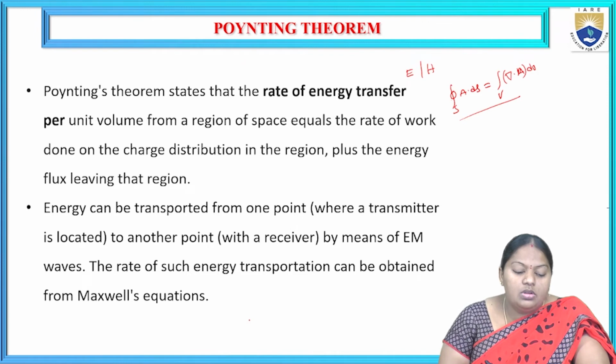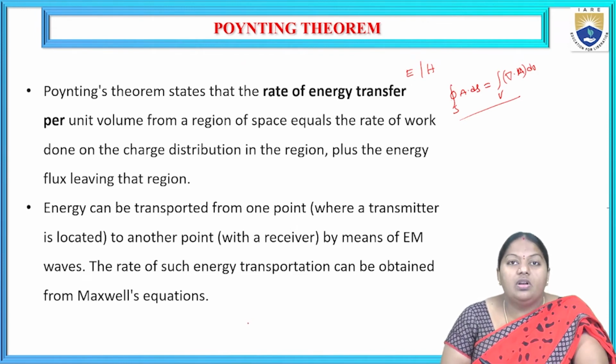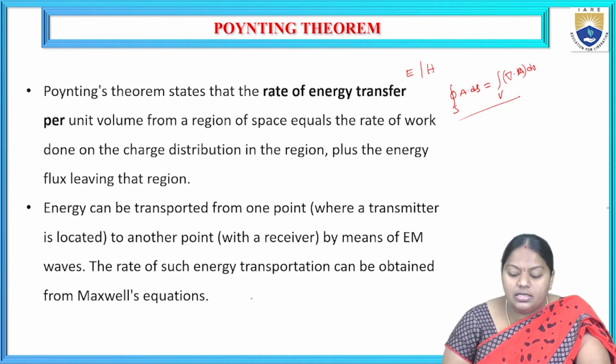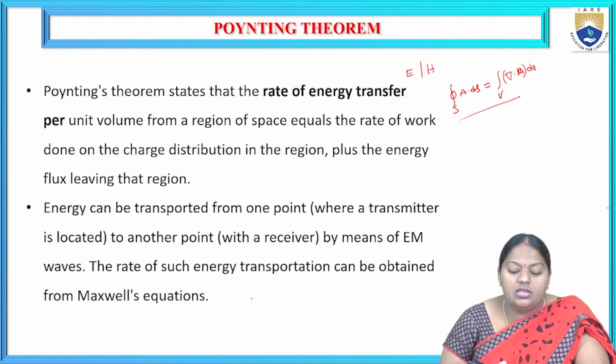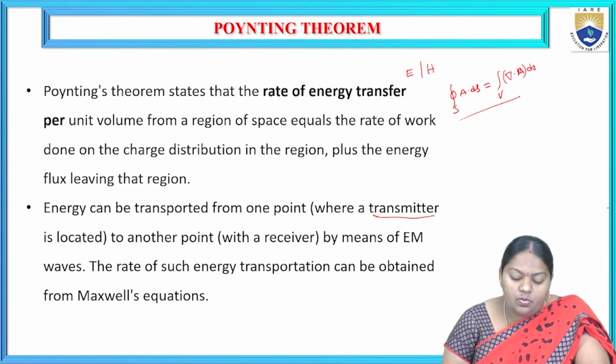So Poynting theorem states that the rate of energy transfer per unit volume from a region of space equals the rate of work done on the charge distribution in the region plus the energy flux leaving that region. And this energy can be transported from one point to another point, meaning one point is where the transmitter is located, and the other point is with a receiver.